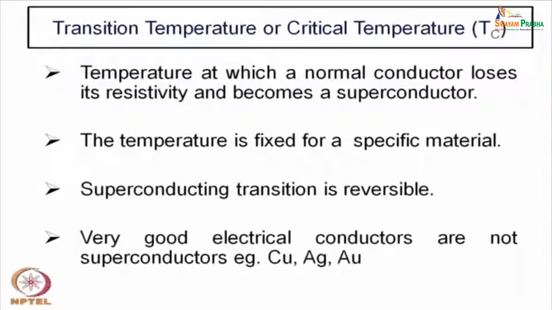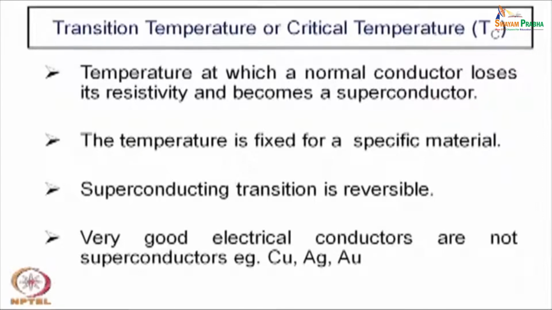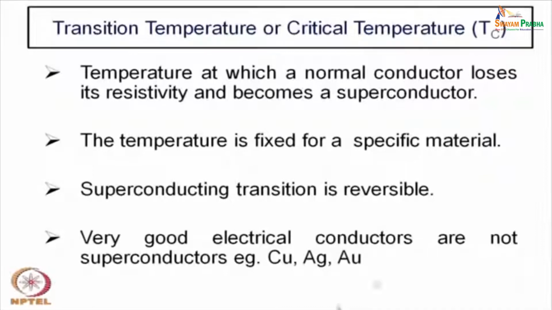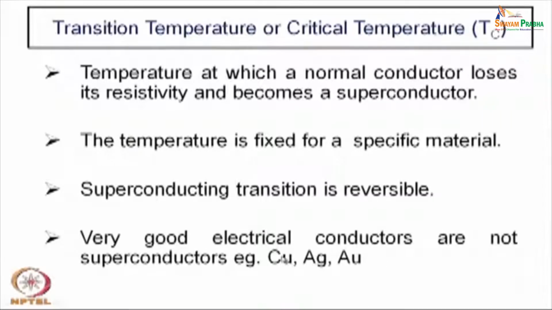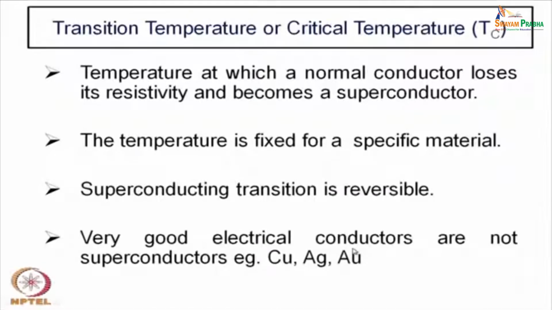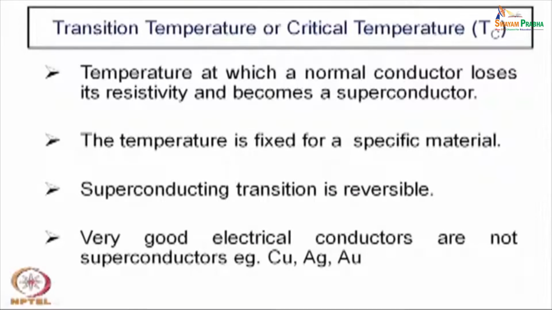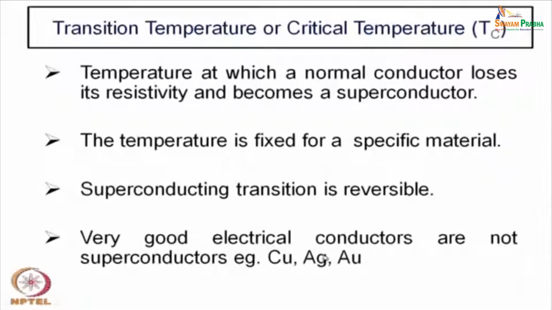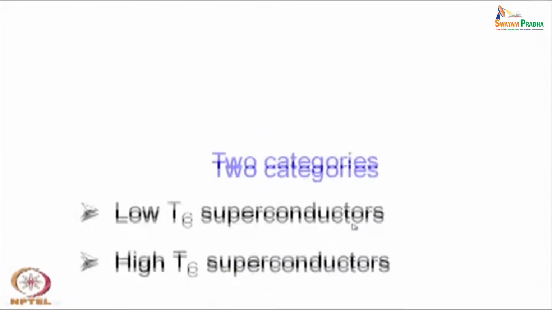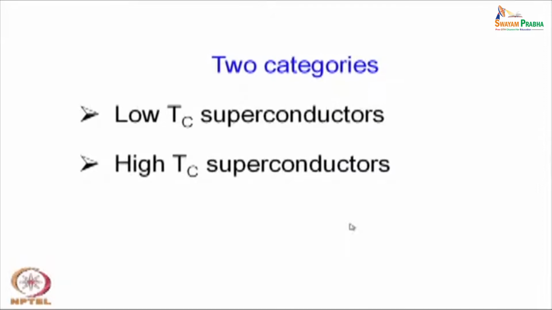Very good electrical conductors are really not necessarily superconductors, most of the time they are not. For example, the 3 most conducting elements, copper, silver and gold, do not become superconductors even if you cool to very close to absolute 0. So, these are some of the characteristics of the superconducting transition or superconducting phenomena.